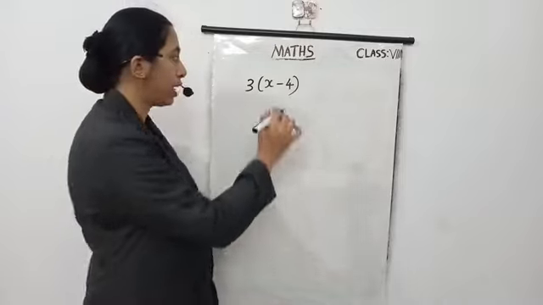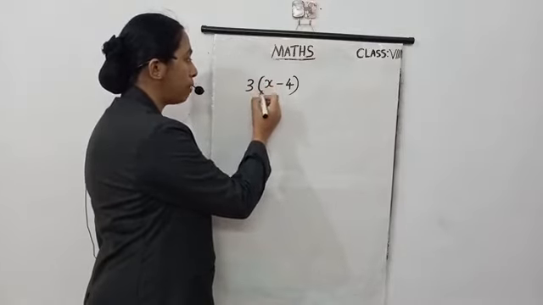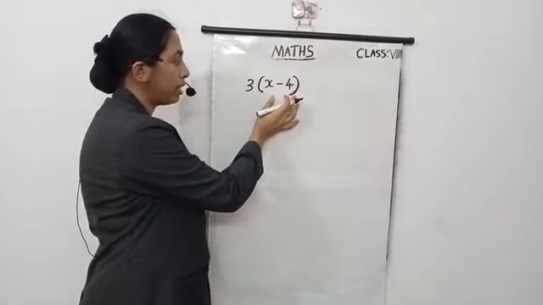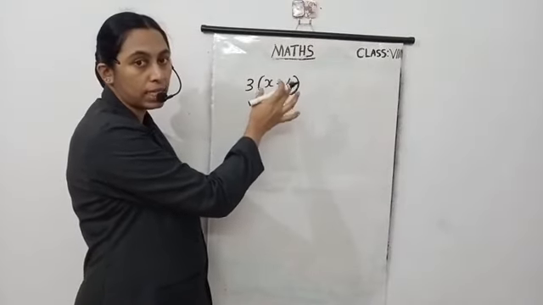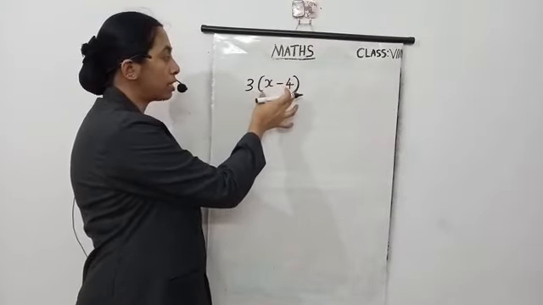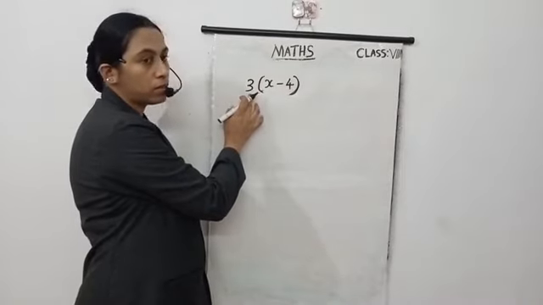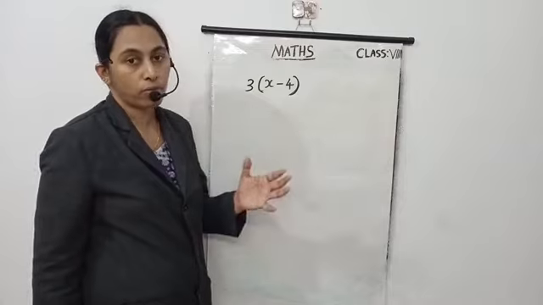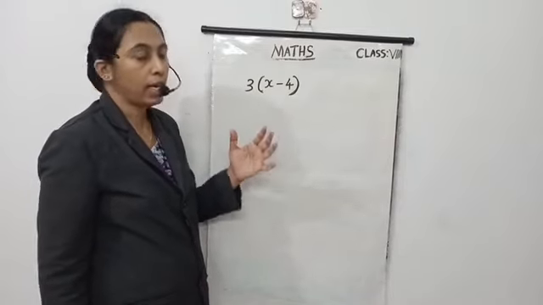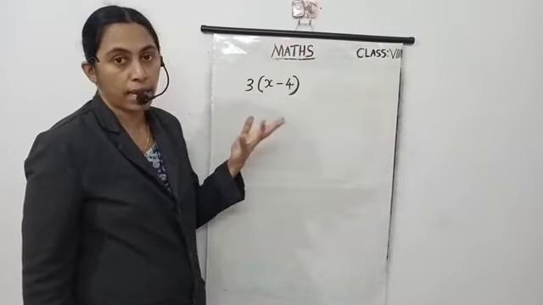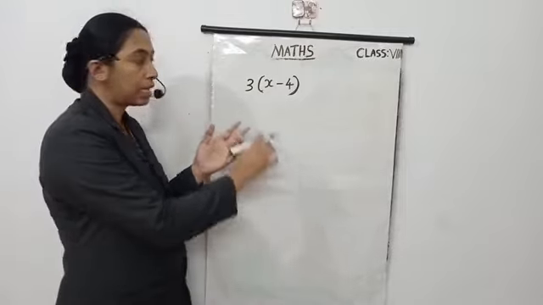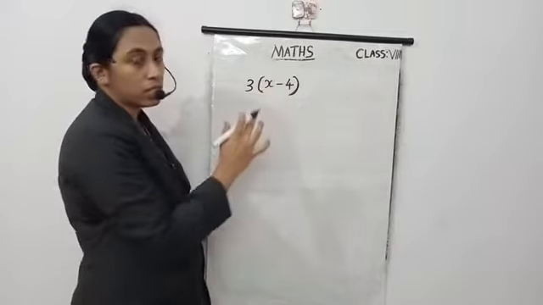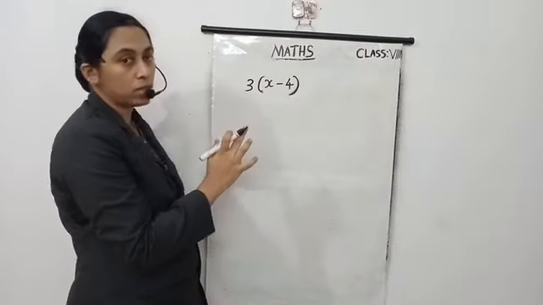The meaning is that when you multiply an expression inside a bracket, that is, x minus 4 is an expression inside the bracket, this expression is multiplied with a constant or another variable, anything. Constant means numbers 1, 2, 3, 4, 5, 6 or any variable like a, b, c, d, x, y, z, like that. We multiply each term of this expression with this constant or variable.